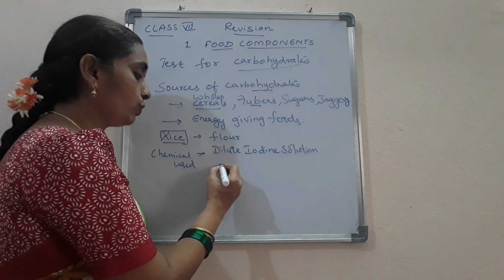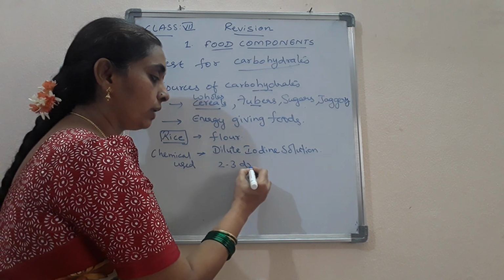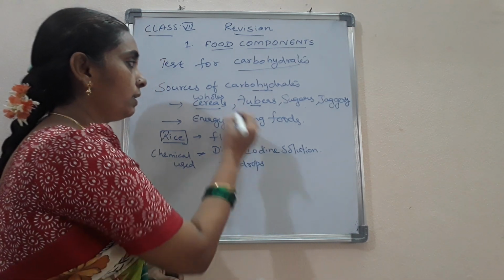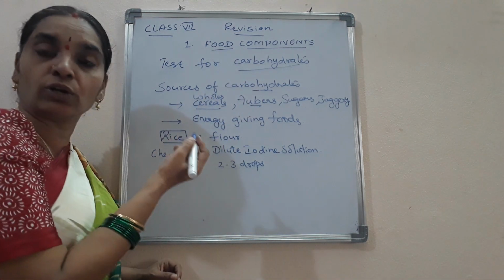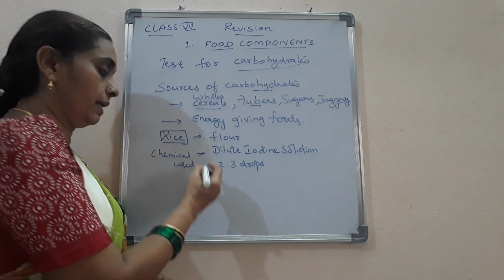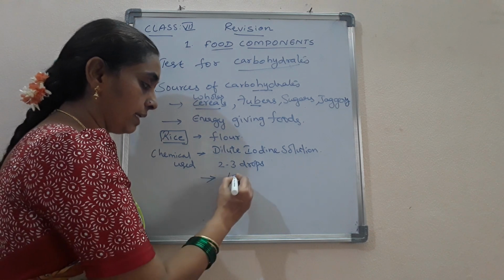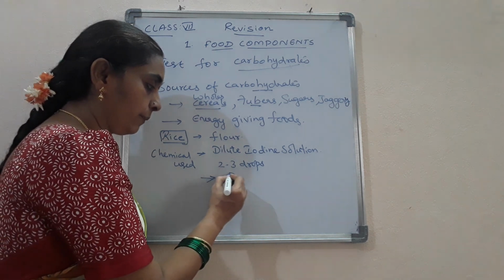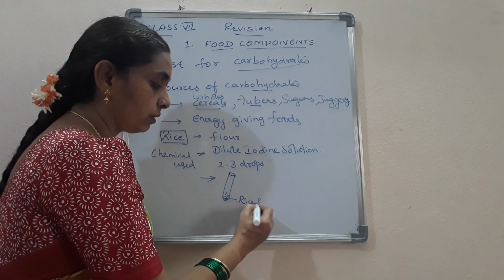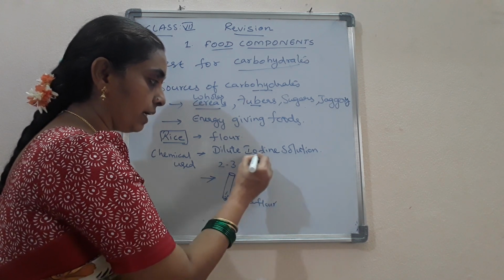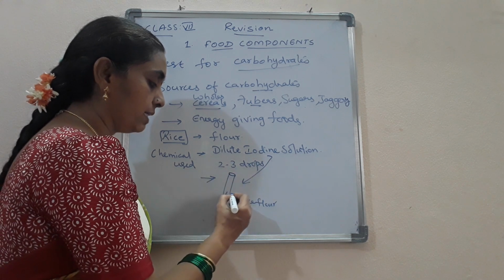You take the rice flour, one of the carbohydrate sources, in a test tube and add 2 to 3 drops of dilute iodine solution.